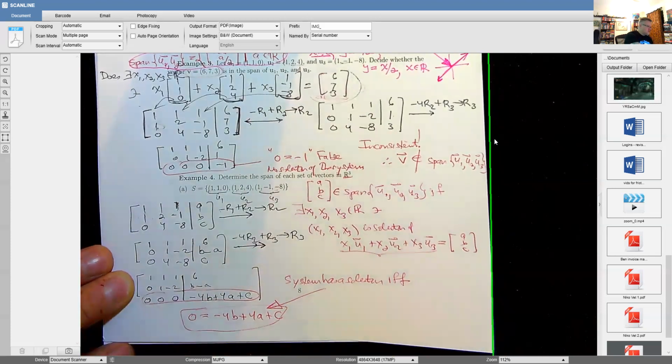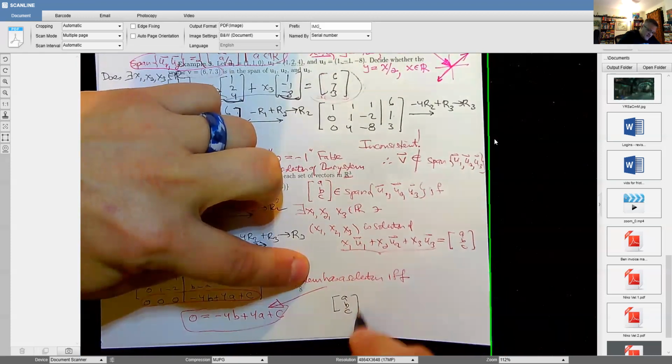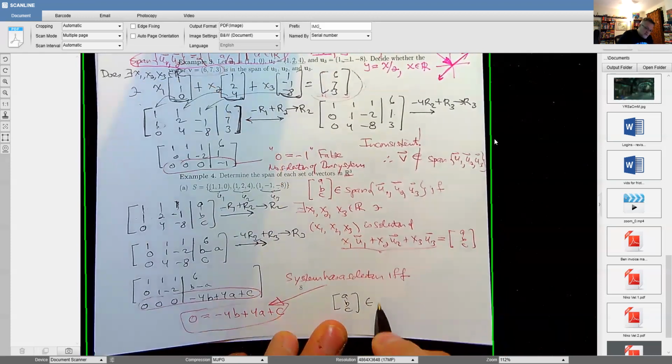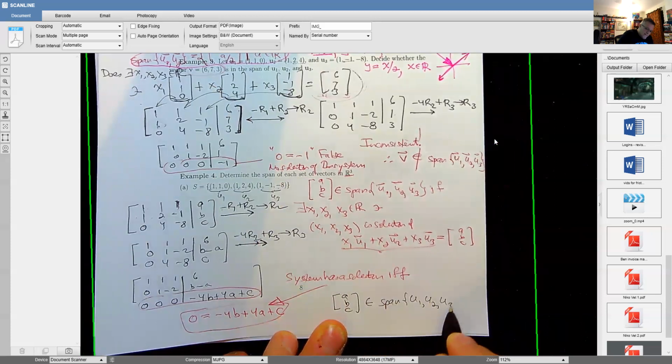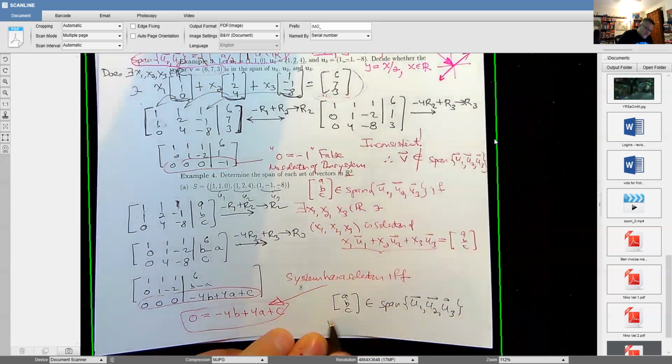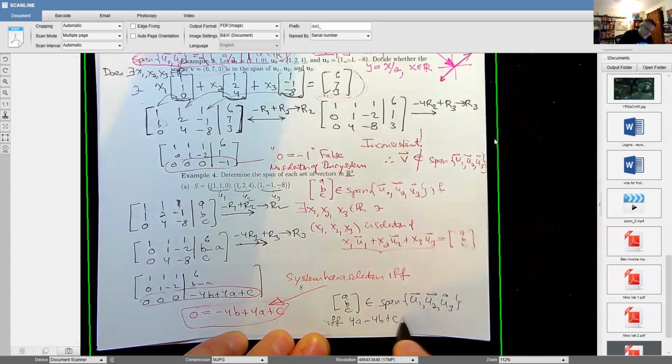And so what that tells you is that A, B, C, that vector is in the span of these three vectors if and only if that happens. And I'll write it like this.